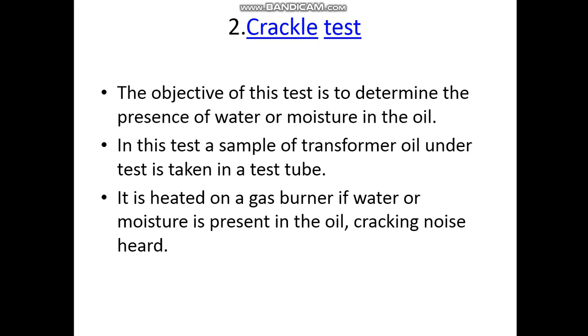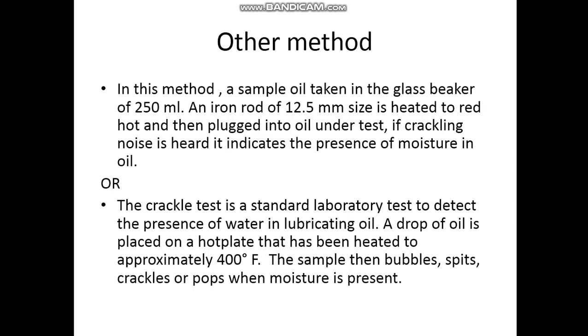There is a simple test, that when you put the oil onto the tawa, then there is a crackle sound because it has moisture or water content. These are some methods by which we can find out the water content in transformer oil.